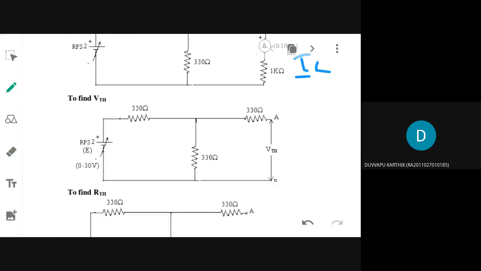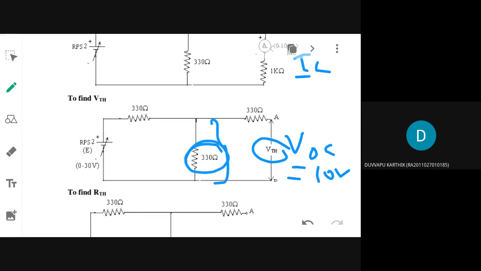Manually, how to calculate, I am telling you. VOC you got as 10 volt. The same value, how to get it manually by doing derivation and formula. The voltage VOC is equivalent to the voltage appearing across the 330 ohm. Only the resistance is known, but if you are able to find out the current flowing through it, you will be able to calculate VOC.